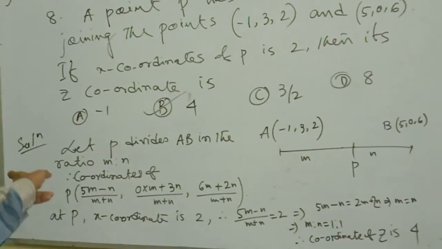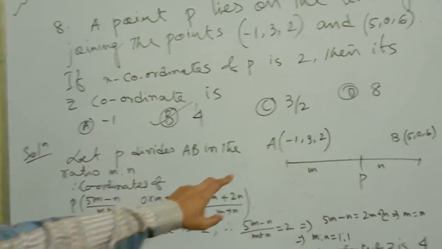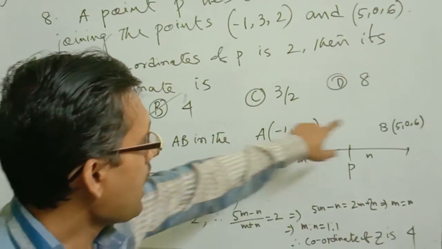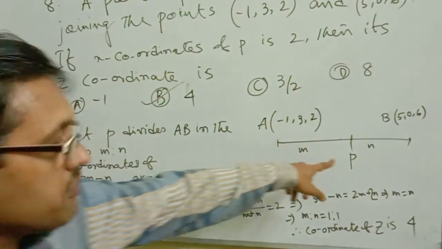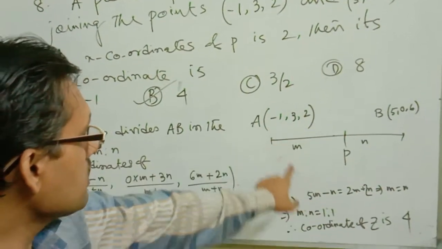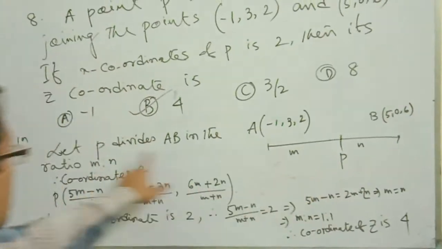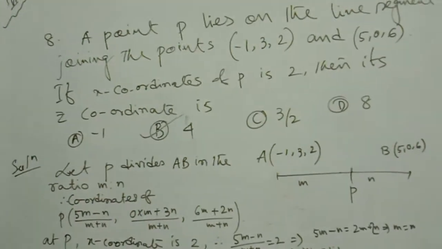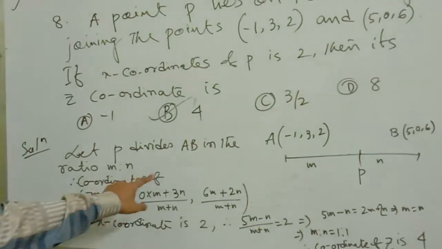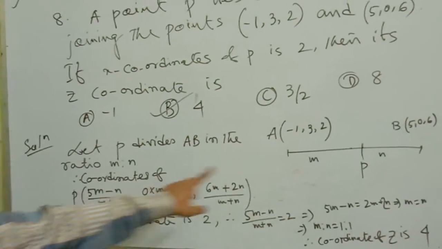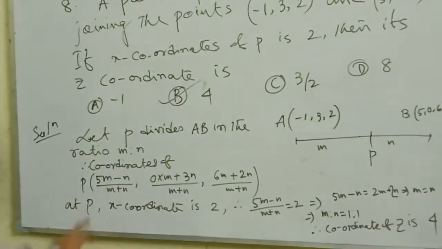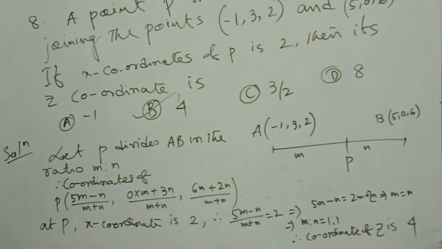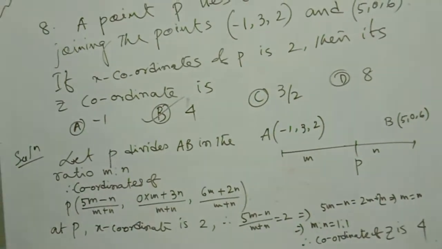Reason? Come to the solution. Consider points A and B, where P divides AB in the ratio m is to n. Now the coordinates of P will be given by the section formula.